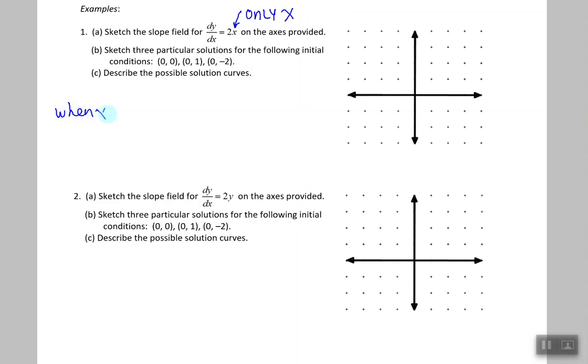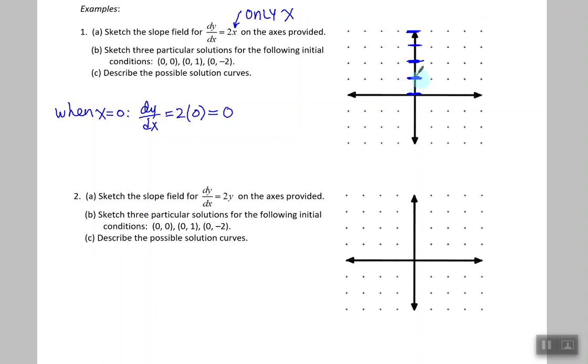So when x equals 0, our derivative dy/dx, which remember means slope, is 2 times 0, which makes 0. So on my graph, anywhere x is 0, such as (0, 0), (0, 1), (0, 2), (0, 3), (0, 4), I have a slope of 0.